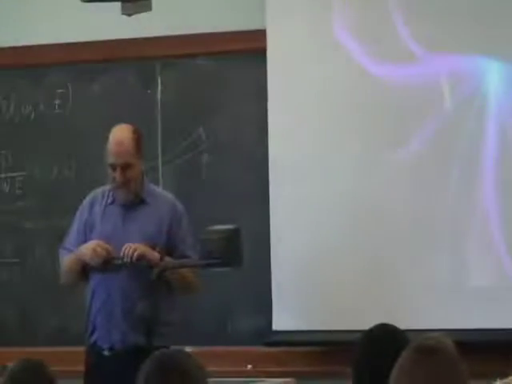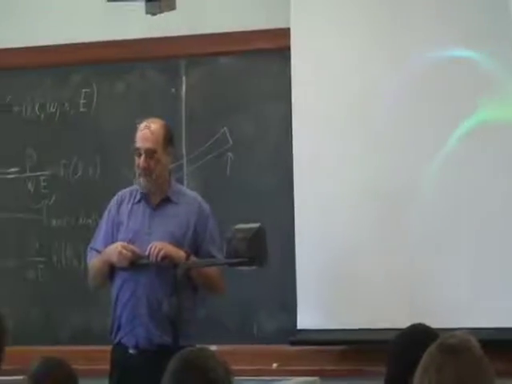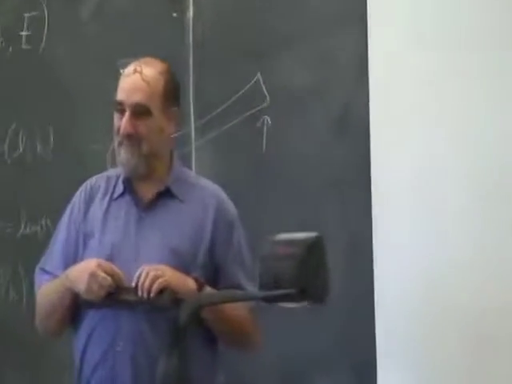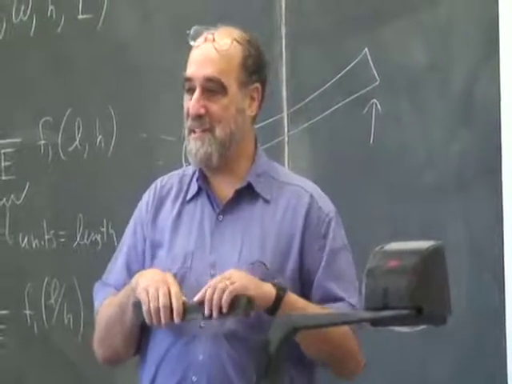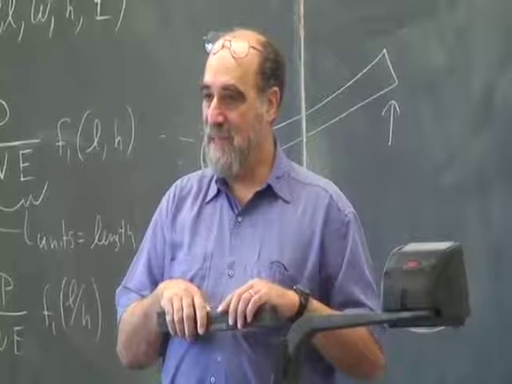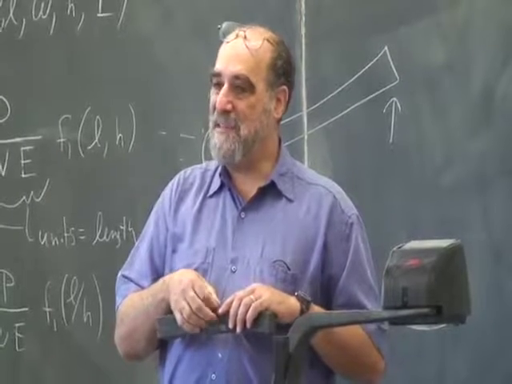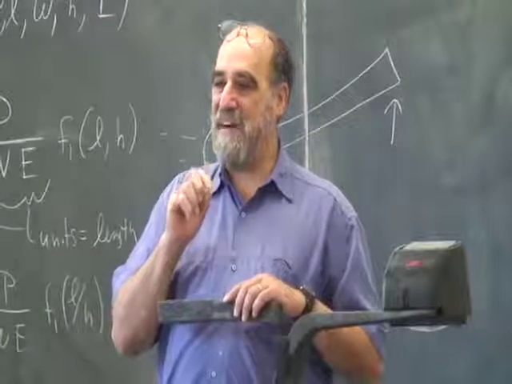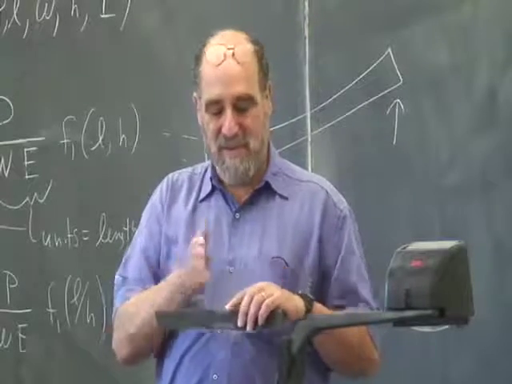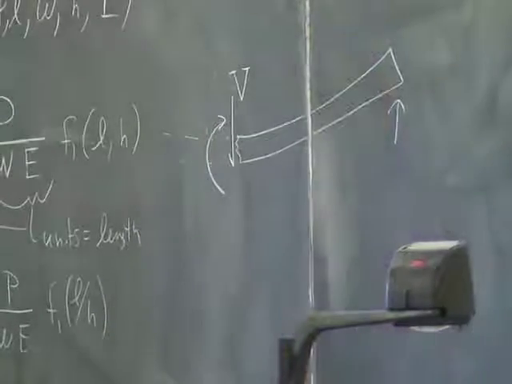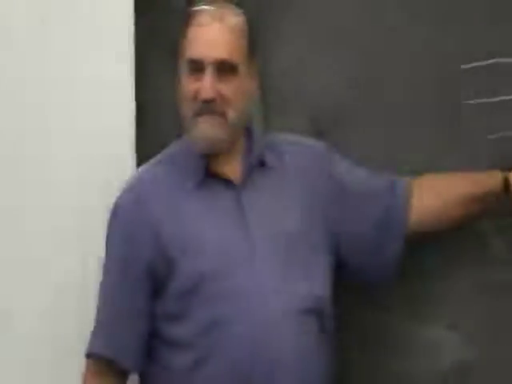Well, if a fiber is farther from the center, it has a bigger lever arm resisting this rotation. So that means the bigger H is, the bigger each fiber's contribution is to this resistance to rotation, because it has a bigger lever arm in terms of measuring the moment of this force relative to this point.